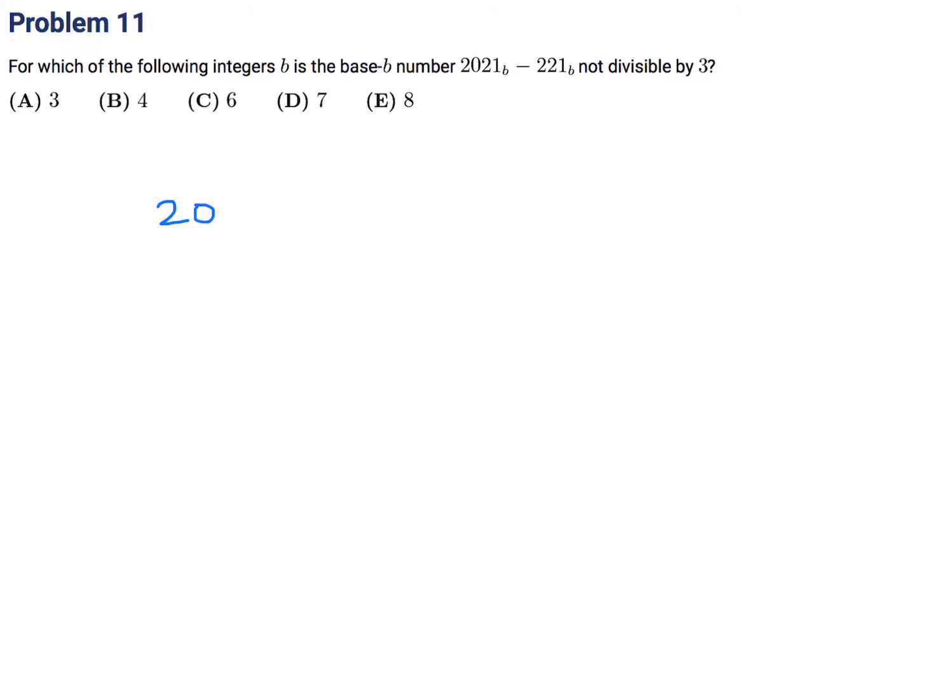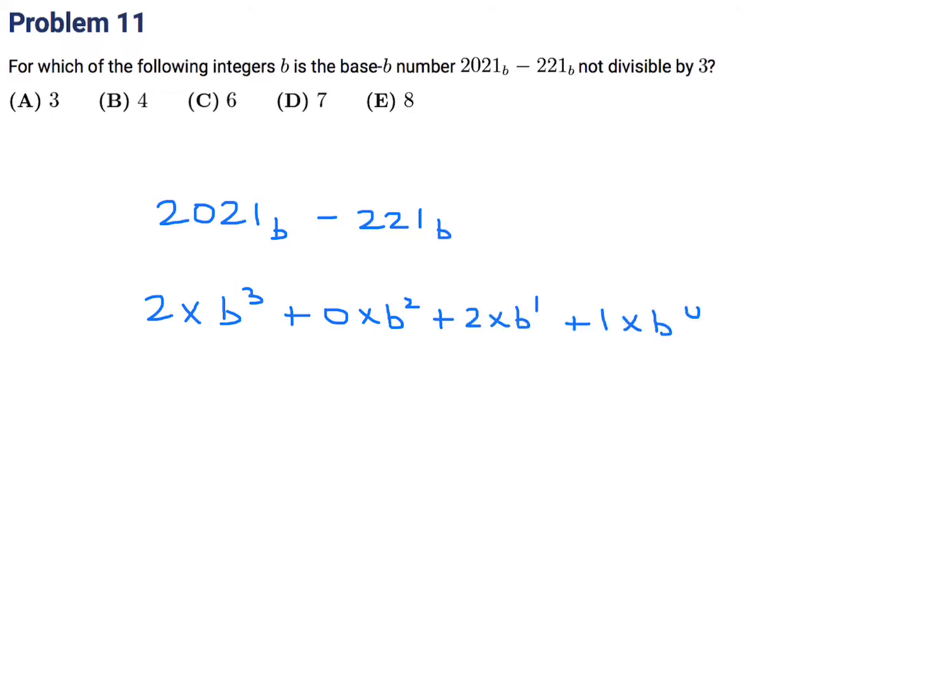Let's expand 2021b minus 221b. So it would be 2 times, remember it's base b now, b cubed plus 0 times b squared plus 2 times b to the power of 1 plus 1 times b to the power of 0.